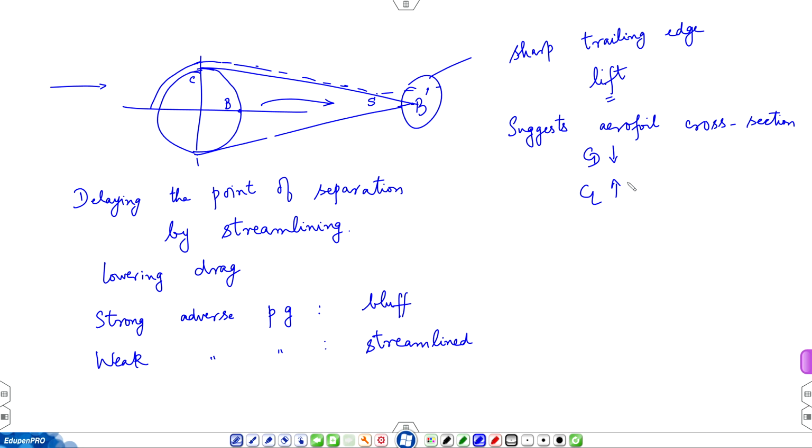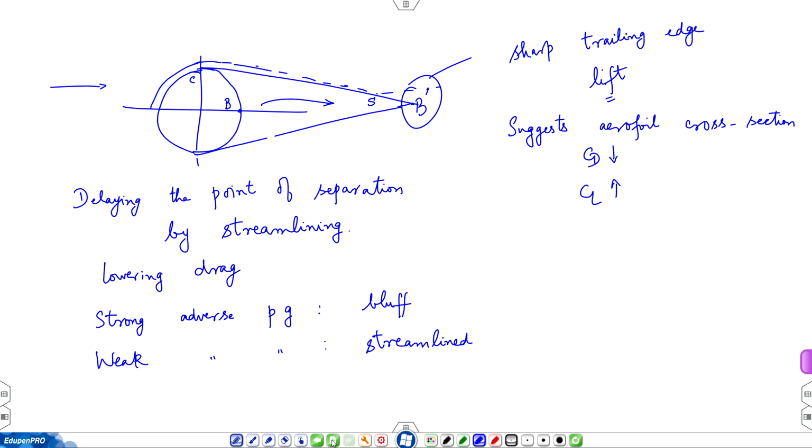By large we mean it is definitely greater than 0. So, that sort of explains the utility of an aerofoil cross section. Okay, so one way of delaying the point of separation is by streamlining.